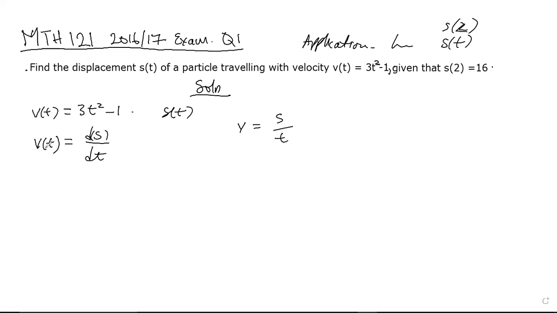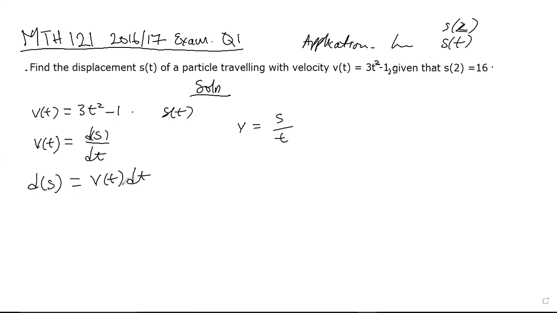This velocity here depends on time, which means our displacement will also depend on time, but here the displacement is a derivative with respect to t. So v of t equals ds/dt, and we are looking for s of t. So we're going to make ds the subject of the formula, so ds will be equal to v of t times dt.